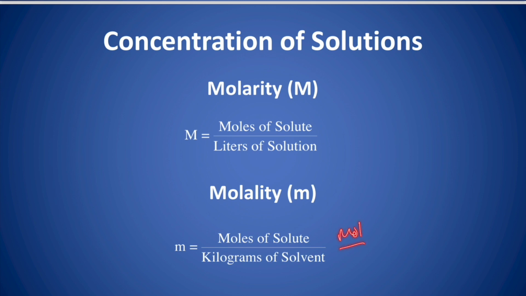So this is moles per kilogram. So molarity is moles over liters. Molality is moles over kilograms. Additionally, molarity talks about liters of solution, so the entire thing, whereas molality is dealing with kilograms of solvent, so just the thing that is doing the dissolving.